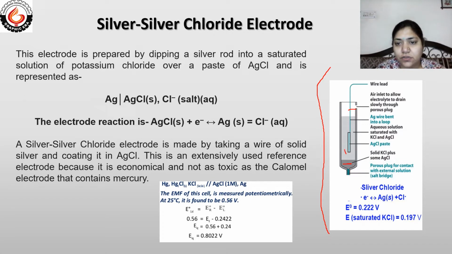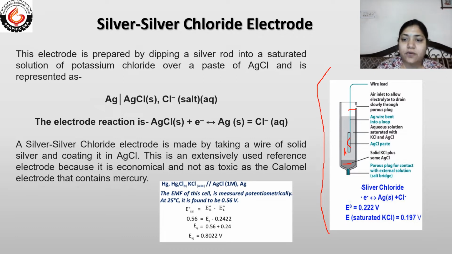This is the solution of KCl. And this silver wire also has some AgCl paste over it. So a silver wire coated with AgCl paste is dipped in a solution of KCl over the AgCl paste. In this way, the complete silver chloride electrode is prepared, and it is housed in a glass tube.